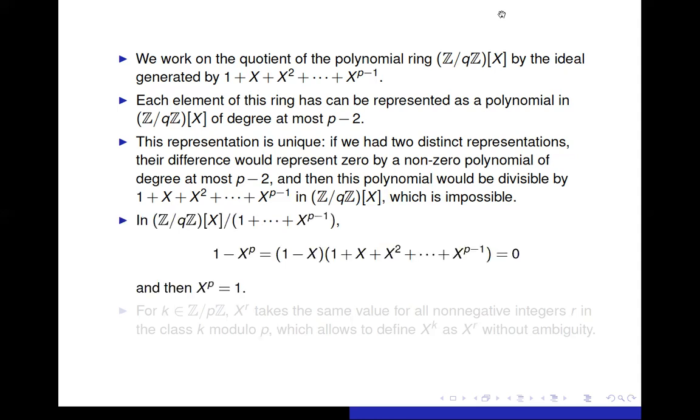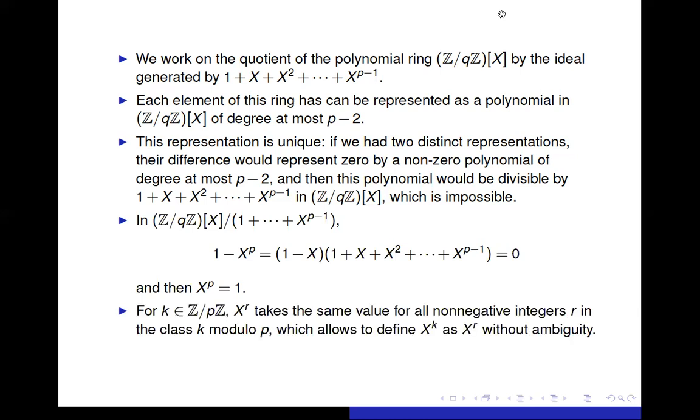So we work on a ring where we have a p-th root of unity because 1 - x^p is (1 - x) times (1 + x + ... + x^(p-1)), and the second factor is 0 in the ring. And then x^p is equal to 1.